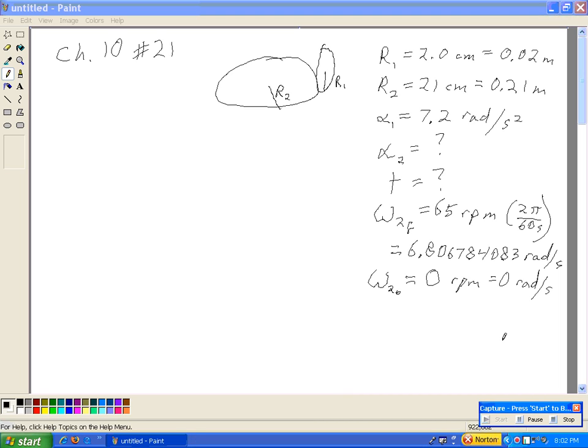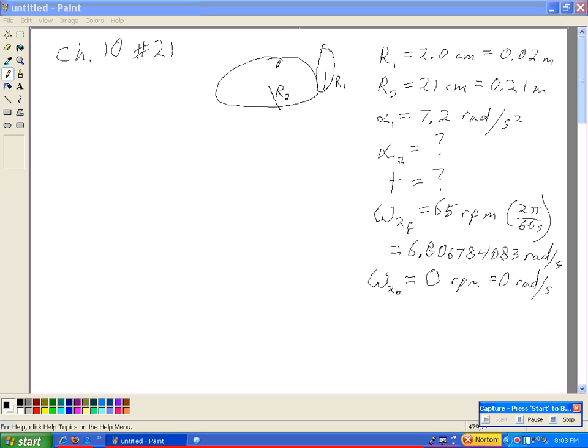Chapter 10, number 21. We've got a pottery wheel, and on that pottery wheel, we've got a very small wheel that can turn with an angular acceleration of 7.2 radians per second squared. The question is, we want to get the big wheel to 65 revolutions per minute.